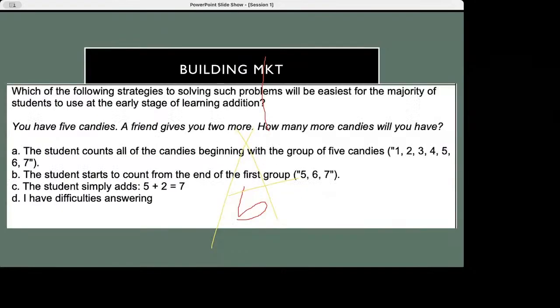But that's okay. So I chose B because it's easier for one to continue because they already know, like, I have five. And that also will help one avoid miscounting based on fatigue. So if you already have five and then you're continuing, it becomes easier.